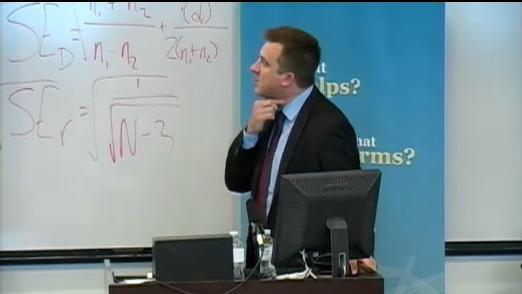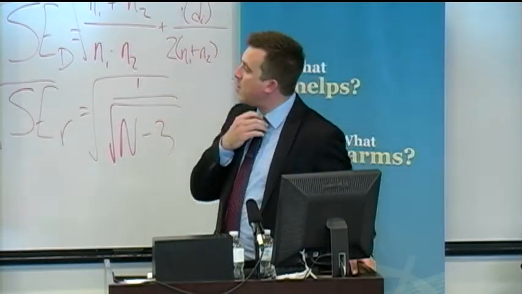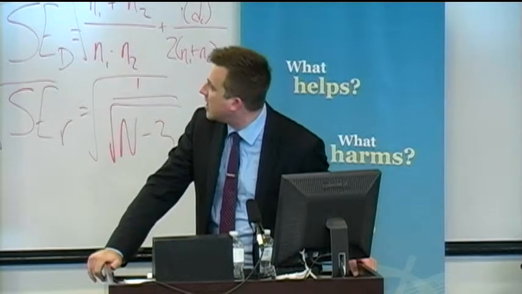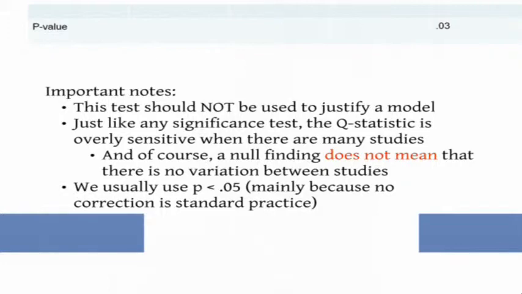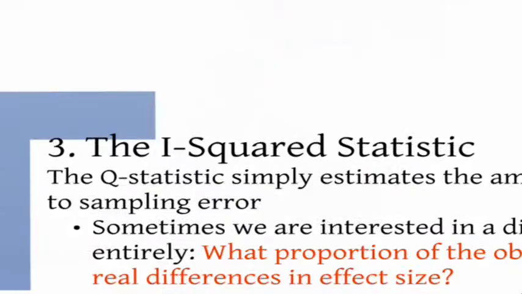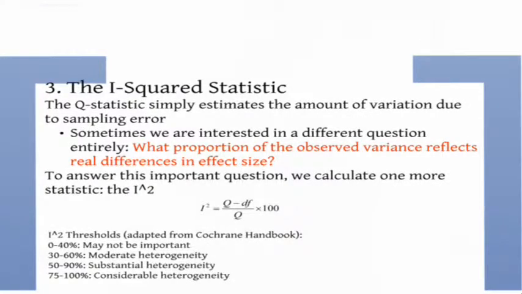So there's one more way to assess whether or not we have a heterogeneous set of effect sizes, and that's the I-squared statistic. The I-squared statistic uses the Q value that we just calculated a minute ago. It asks a slightly different question. It says, what's the proportion of the observed variance that reflects real differences in the effect size?